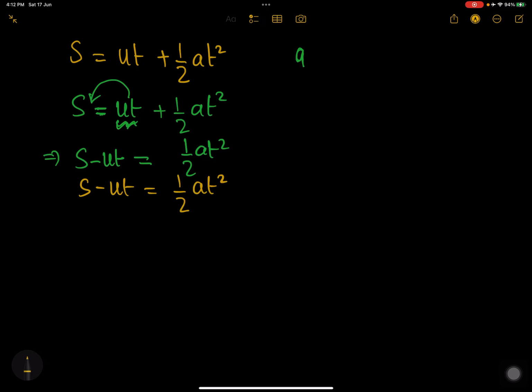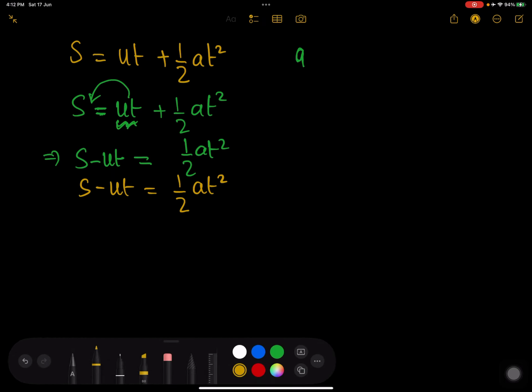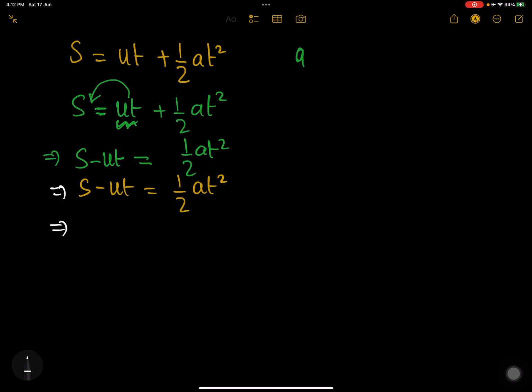Now, don't be frightened. We can rewrite this carefully as a fraction. This s minus ut, we can write it as a fraction. Remember, if you have 2 and I say write 2 as a fraction, it's simply 2 divided by 1. If you have 100 and I say write 100 as a fraction, it's simply 100 over 1.